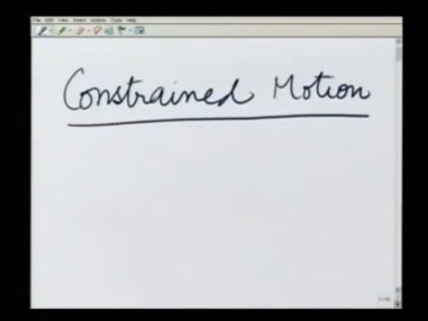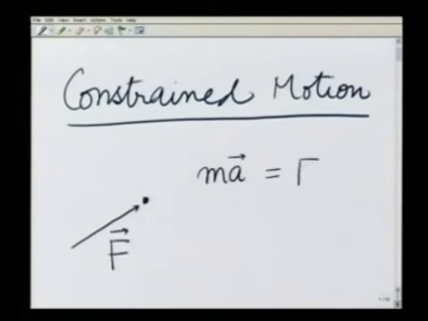Suppose there is a particle that is moving under the influence of a force F. Then its motion is described by the equation of motion, given as ma equals the applied force, where m is the mass of the particle and a is its acceleration.